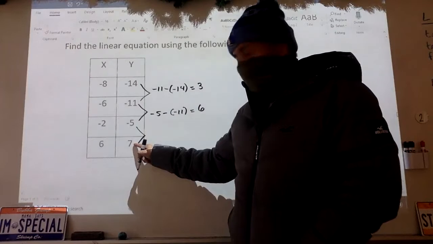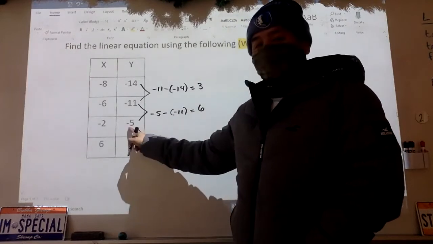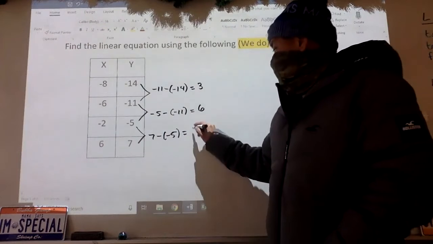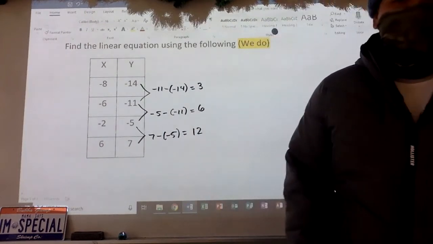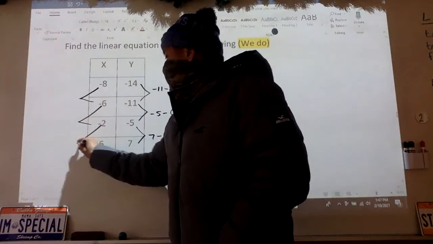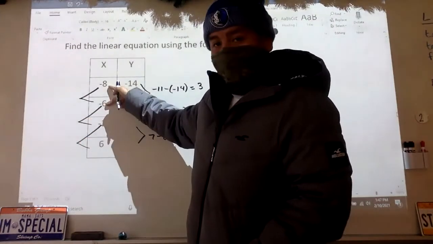Bottom one goes first. So 7 minus, you see that there's a negative? -5 equals 12. Now I do the other side. So bottom one goes first between these two.